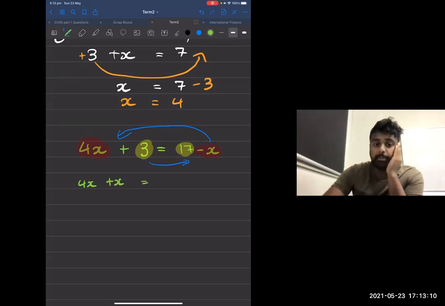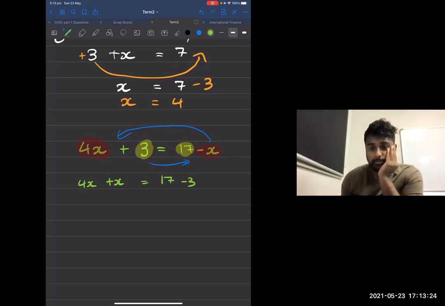And then positive 3 becomes? Negative. Perfect. 17 minus 3. So 4x plus x is equal to? 5x. Good. And 17 minus 3 is equal to? 14.